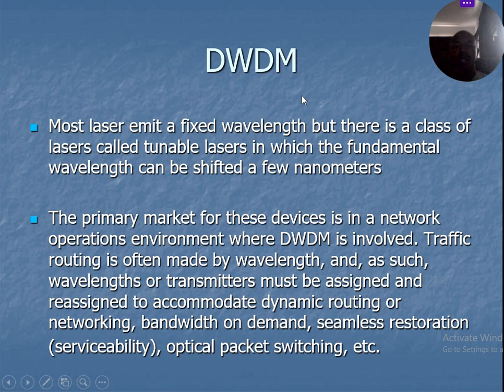It also has the ability to auto restore the system if there is a signal failure, and it has improved optical packet switching ability. So this technology is second to none.